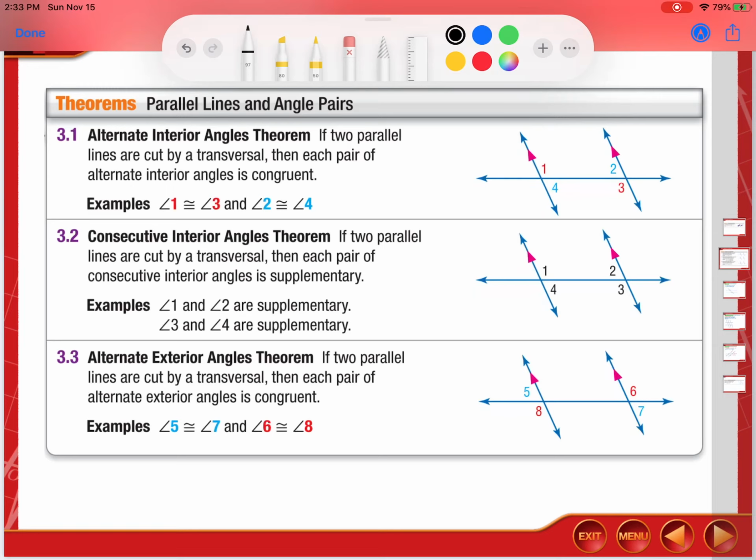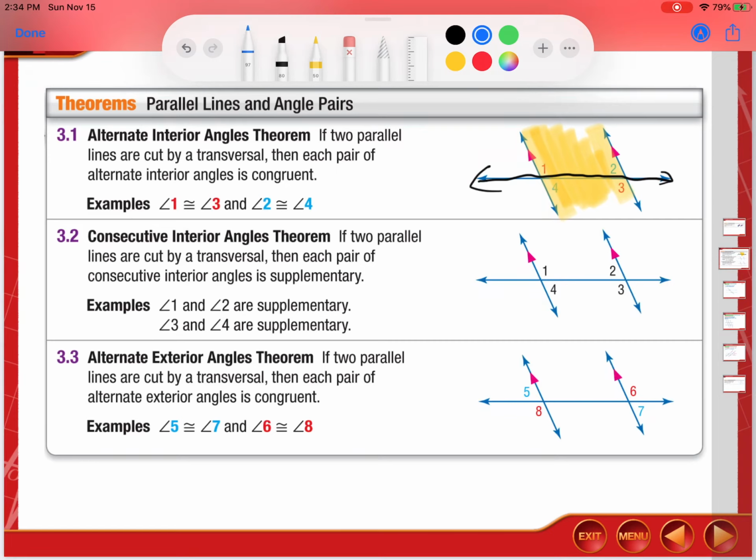So moving on, we get into alternate interior angles theorem, which we touched on last time. But just as a quick review, what that tells us is that if you have two angles that both lie on the inside, which the inside is the area between the parallel lines, and on the opposite side of this transversal, I don't know why I selected the highlighter there, but you know what?